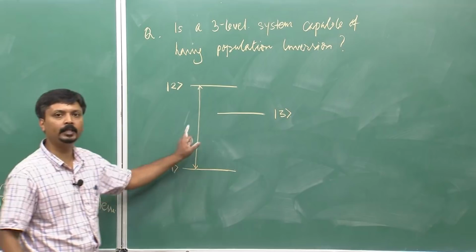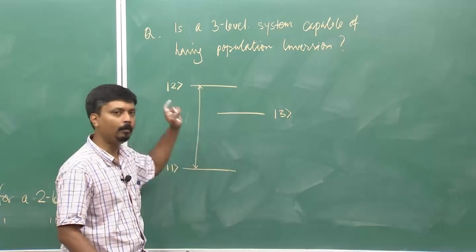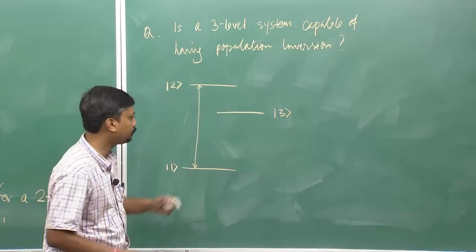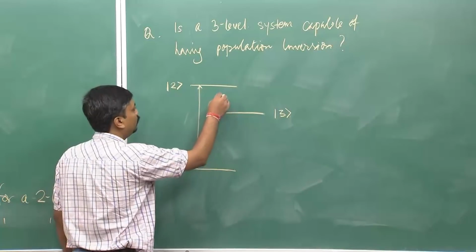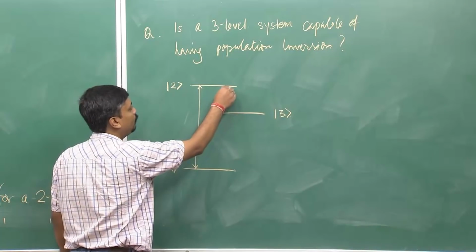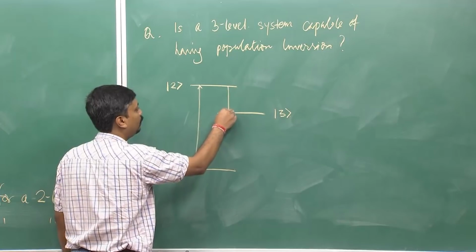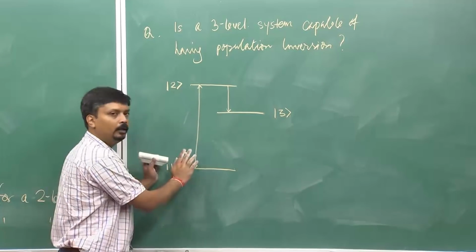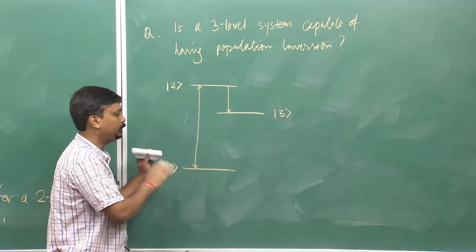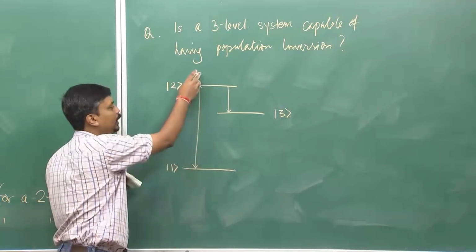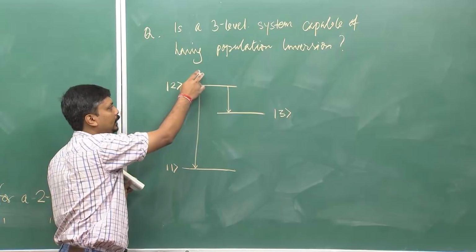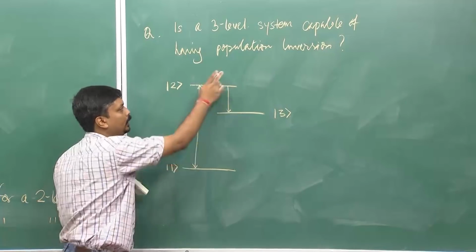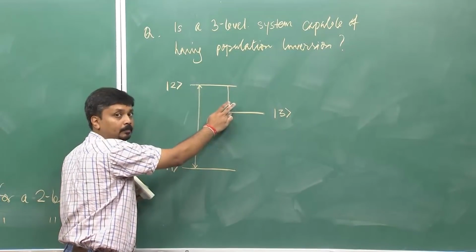So, I know everything about it, what I should know, I have already learnt it. Now, between these two levels, what can I have? I am going sequentially. So, I hit the system with light, I shine light, the molecule goes here. At that condition either it can come down here or it can come down to state 3, all right.